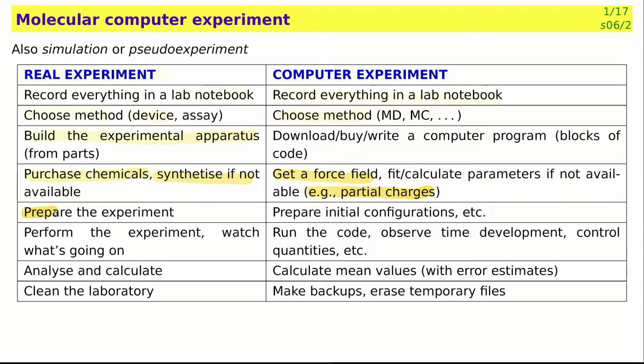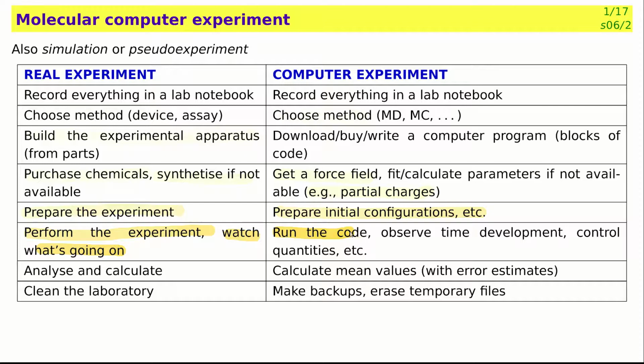Then there is preparation of the experiment in general, which means for us that you prepare the initial configurations and other parts that you need to run it. Then you perform the experiment, and during the experiment you must observe what is going on. If something should be black, then it should be black and not blue, and so on. Here it's similar.